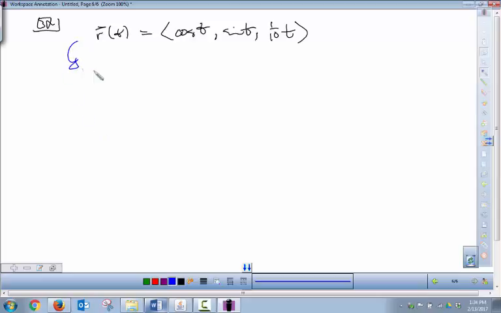Let's go ahead and take the derivative of this. When you take the derivative, it's component-wise, component by component. The derivative of cosine is negative sine. The derivative of sine is positive cosine. And the derivative of a constant times a variable is just whatever that constant is.